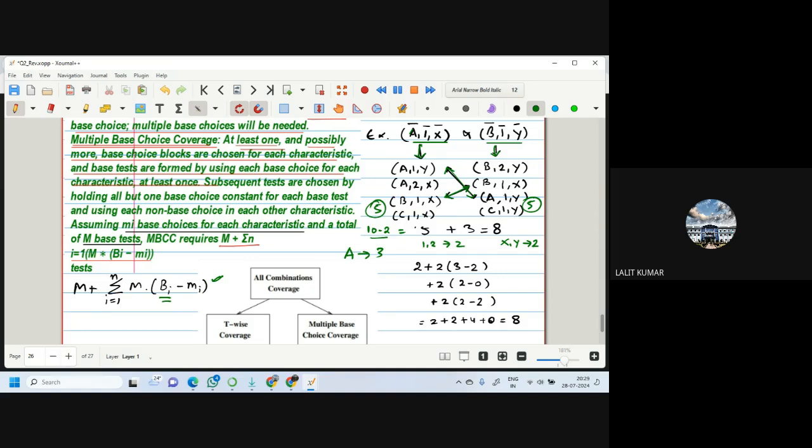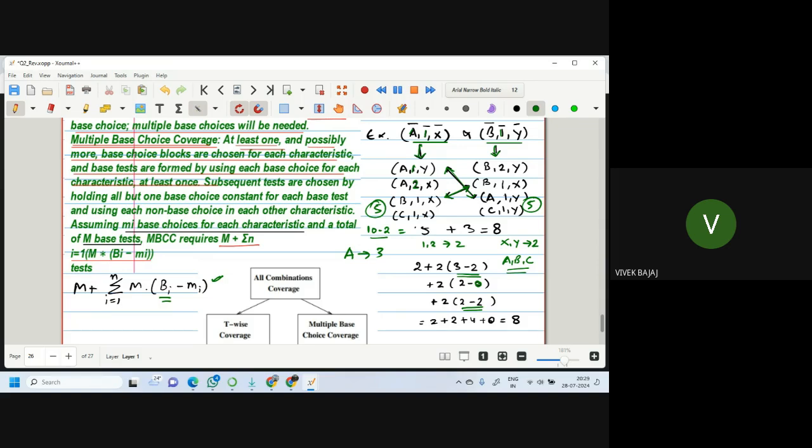I have taken 2. 3 minus 2. So for ABC, you have taken 2, right? For x and y, you see I'm taking both 2. And why have I made this 0? Because whether I keep 1 or not keep 1, I will have to cover both 1 and 2. So this I have to keep, so 0.